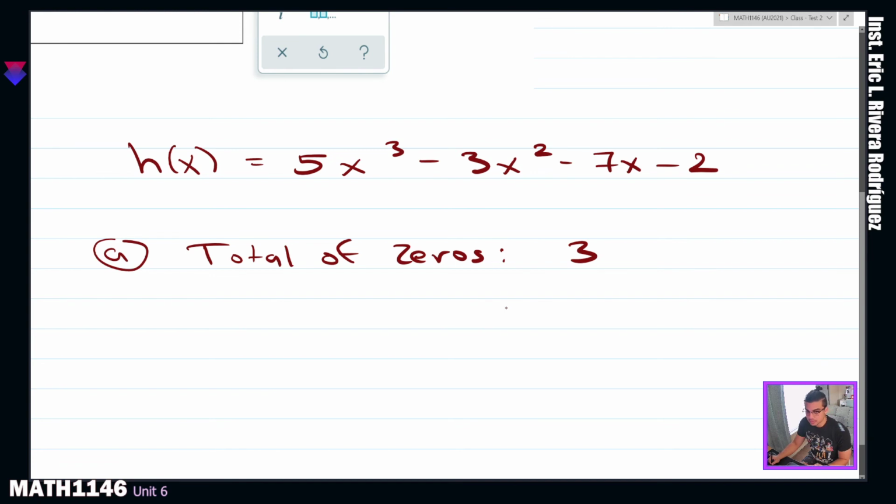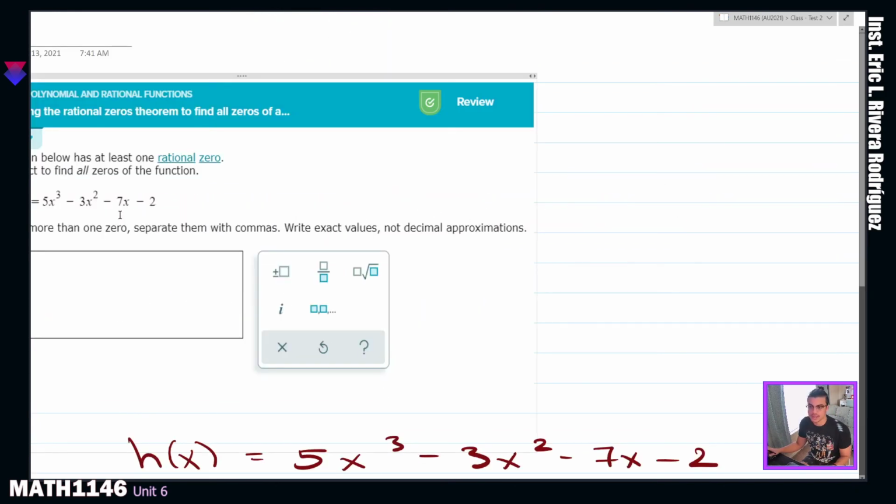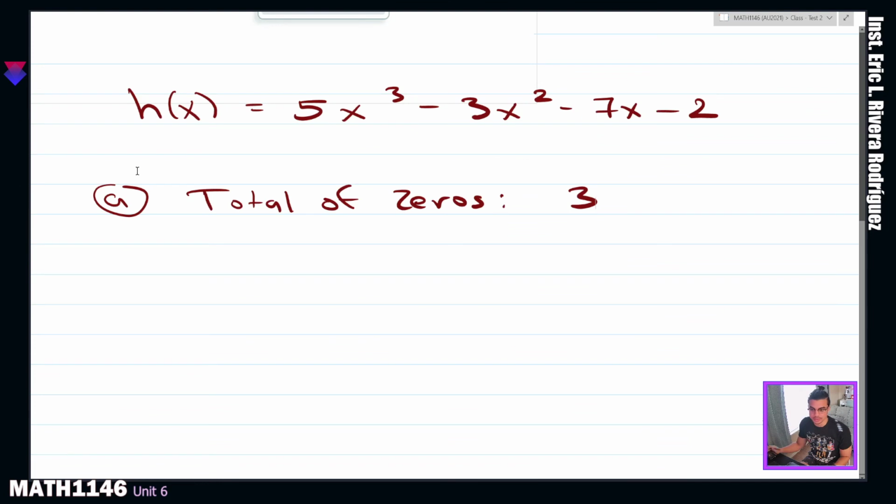These zeros could be all rational zeros or complex zeros. At least we know that there is one rational zero. Step number 2. List of possible rational zeros. What are the values that we need to take into consideration?